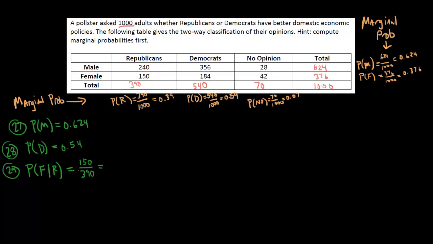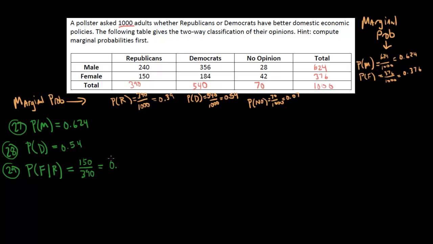But we want to express probabilities in decimals between 0 and 1 inclusive. So 150 divided by 390 is, okay, I didn't include in the directions how to round, or maybe I did at the start of the study guide, but I'm going to round to 4 decimal places. So this is approximately 0.3846.